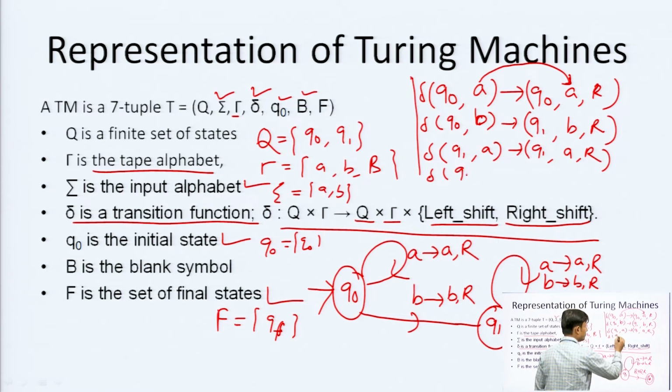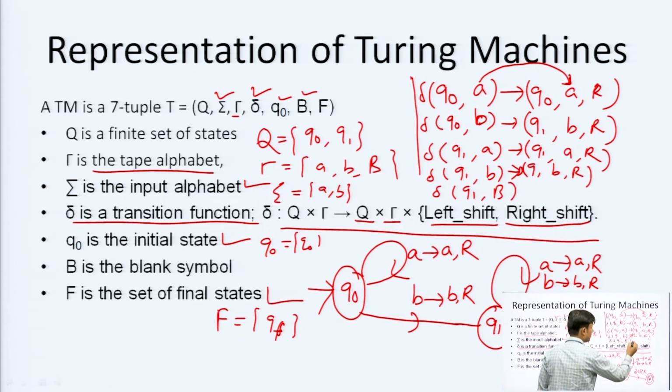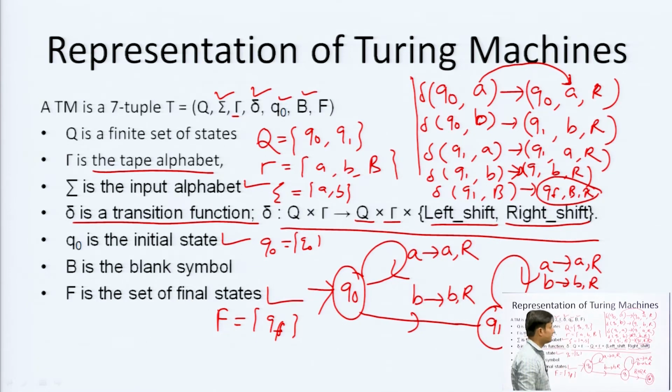Then Q1, B goes to Q1, B, R. Now you have Q1, blank, then this goes to QF, blank, right. This QF is the accepted state.